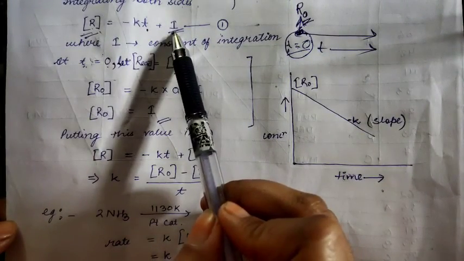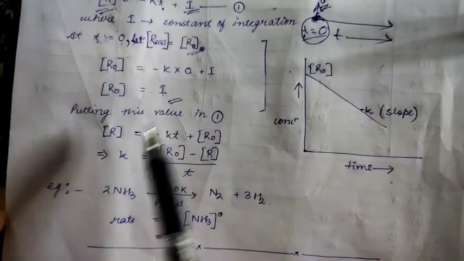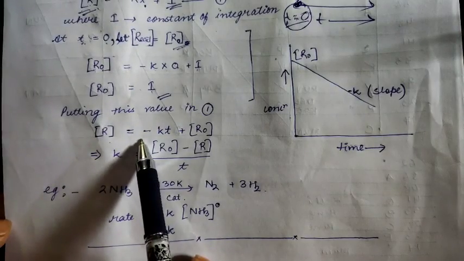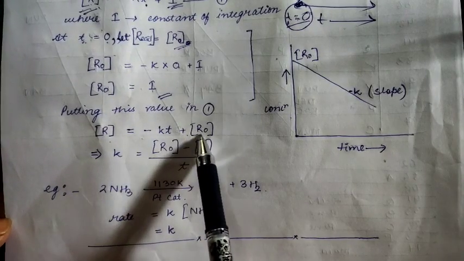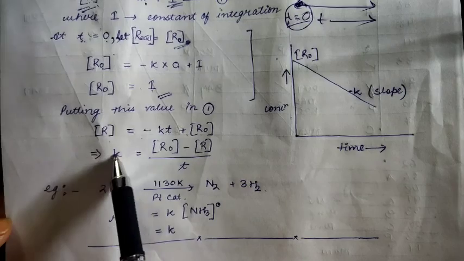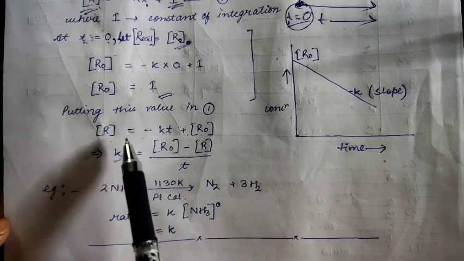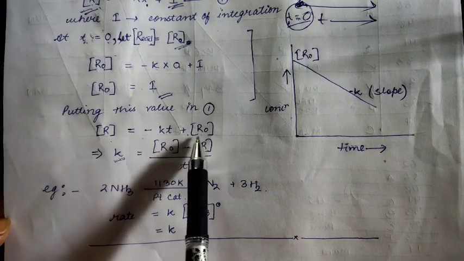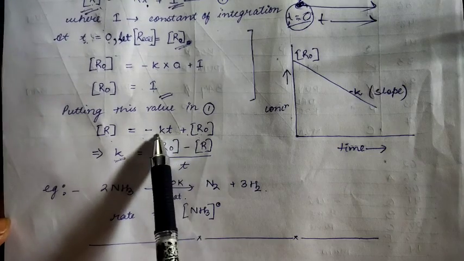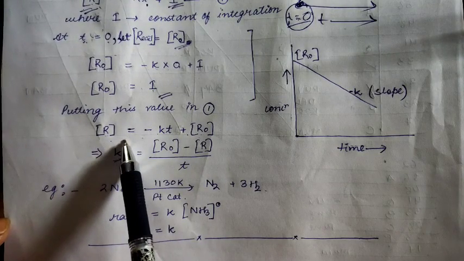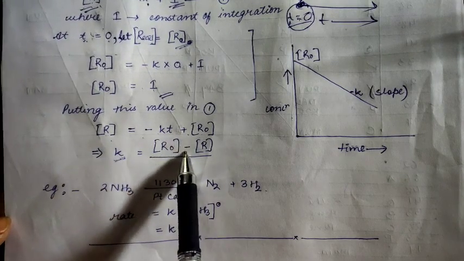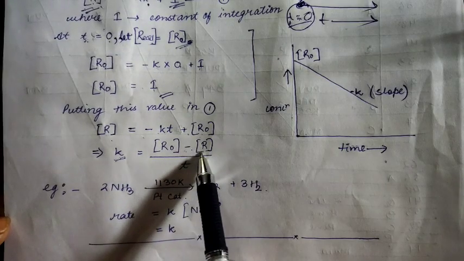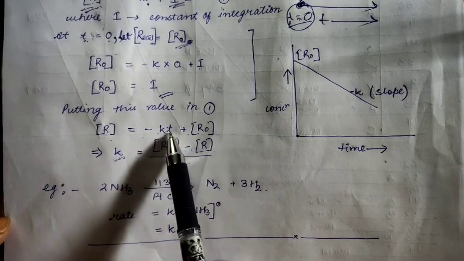Just put the value of I that we have got here. What will you get? Concentration of R equals minus Kt plus concentration of R0. Now bring Kt to one side, and what will you get? If you bring it to this side, it will become plus, right? So K equals concentration of R0 minus concentration of R, divided by t.